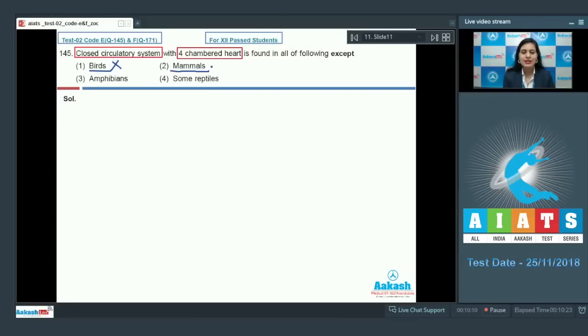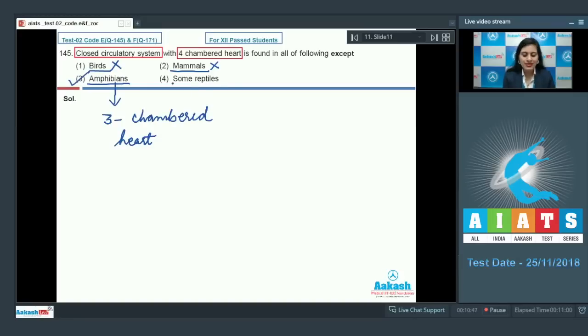Our next option is mammals, and mammals have 4-chambered heart with closed circulatory system. So this cannot be a correct answer. Our next option is amphibians, and amphibians have 3-chambered heart. So this is a correct answer to our question.